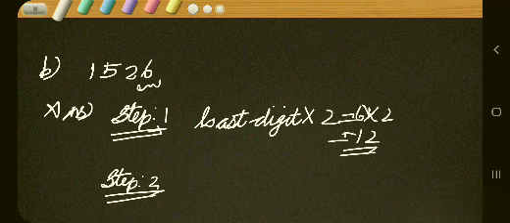Subtract this product from the rest of the digits, the number formed by the rest of the digits. Which is the number formed by the rest of the digits here? 152. So 12 has to be subtracted from 152. Please subtract 152 minus 12. What is the answer? Yes, 140 is the answer.